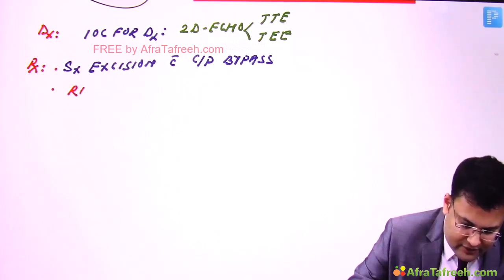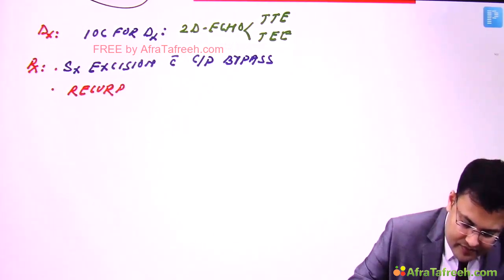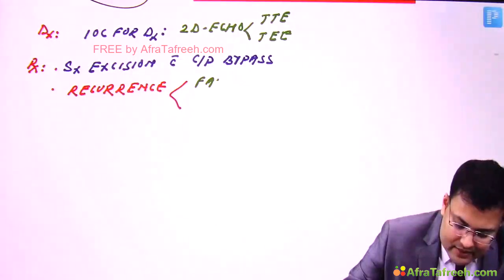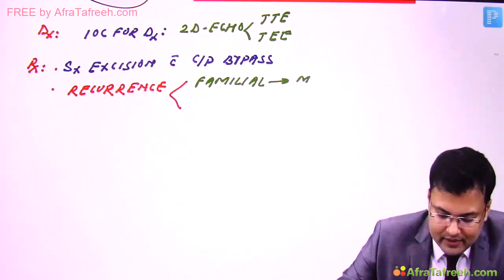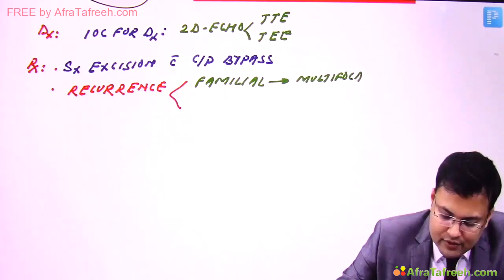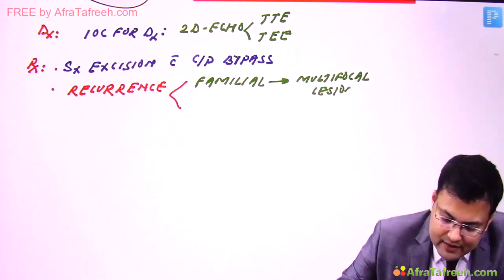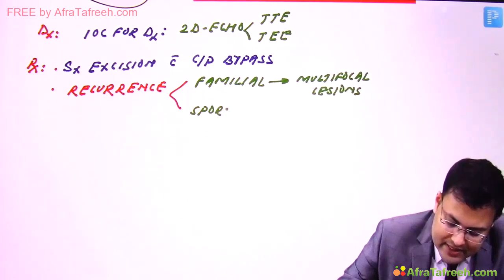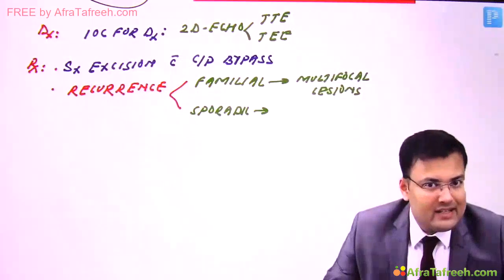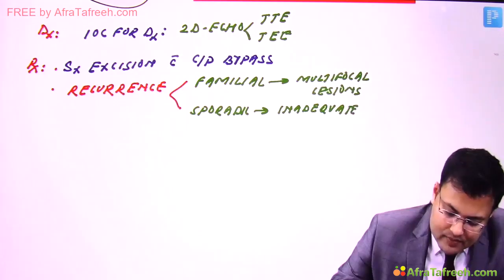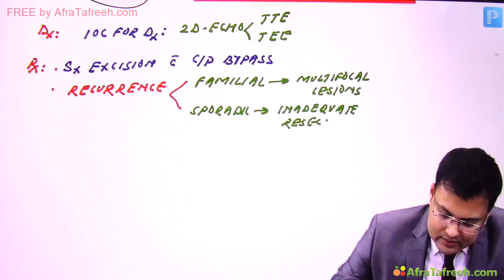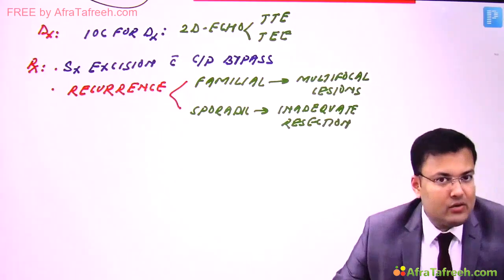So in familial cases there are multifocal lesions, and in sporadic cases the recurrence is because of inadequate resection. Clear? These are important points related to atrial myxoma.